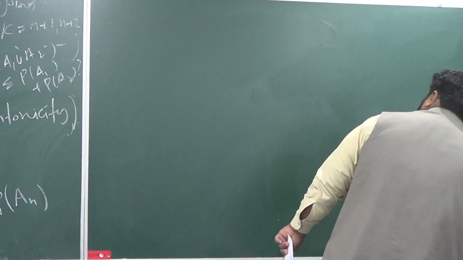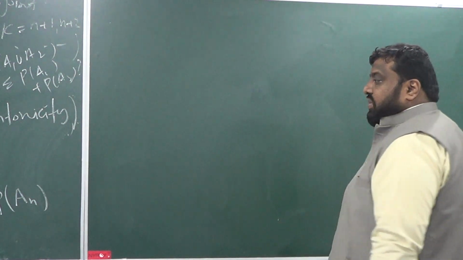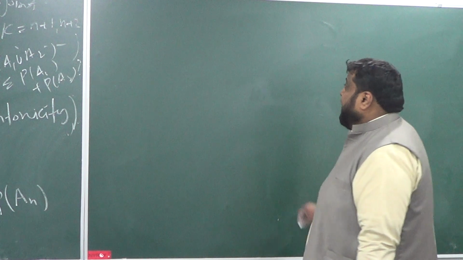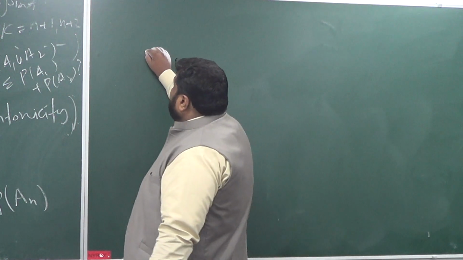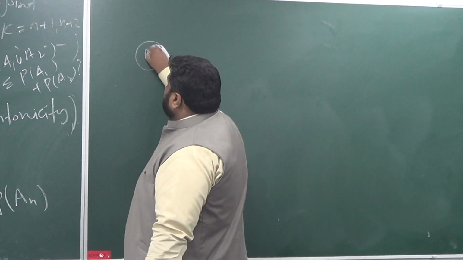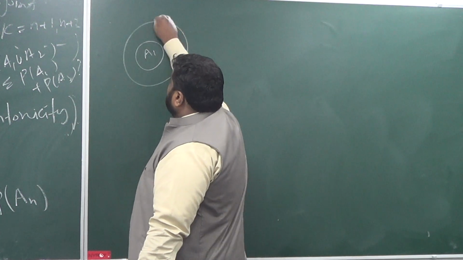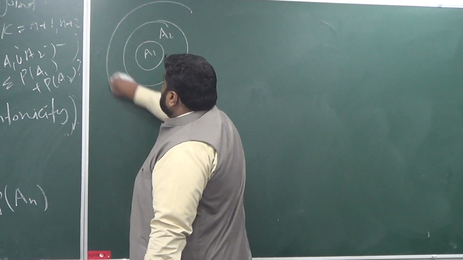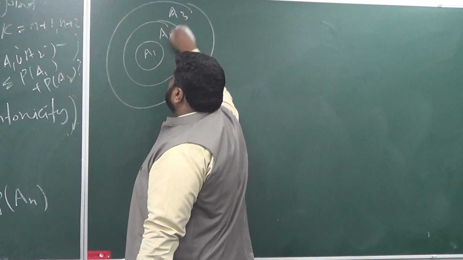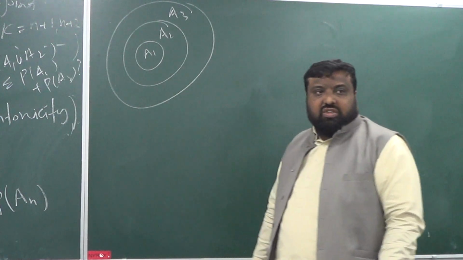So if I have an increasing sequence, I have something like this. This is my A1, this is my A2, this is my A3, and so on and so forth. What is it saying?